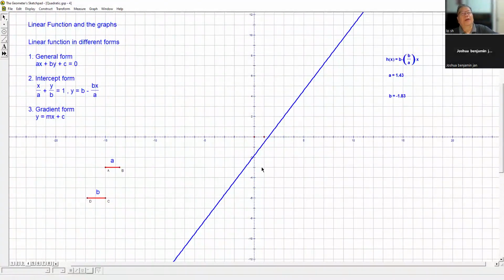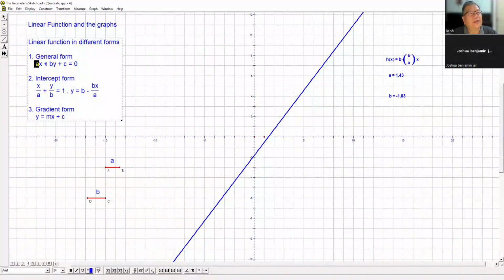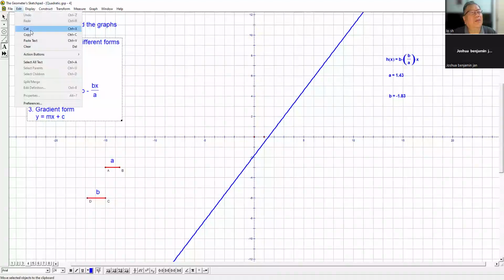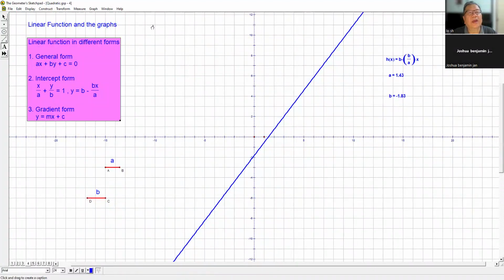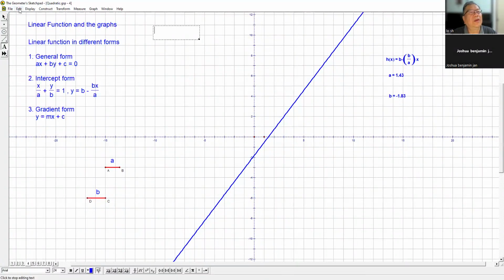Okay, right. Now we look at this. This one is the general form. What do you mean by the general form? Okay, so I do over here. Now this general form, ax plus by plus c equals to 0, is the general form of a linear equation.